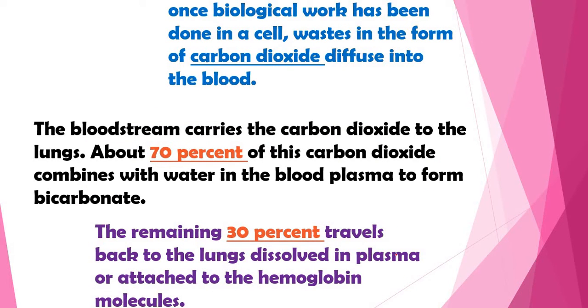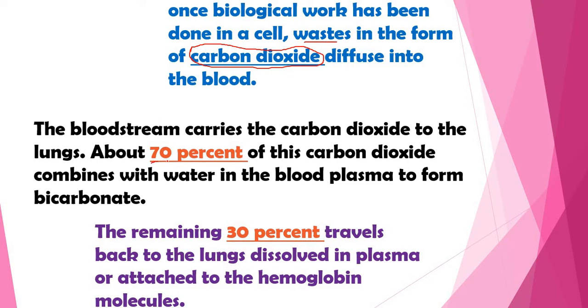Okay, after that, when the oxygen transportation is done, the bloodstream or the blood cells return back with wastes. Wastes in this case are the carbon dioxide gas. How does the body get rid of the carbon dioxide? There are two ways.